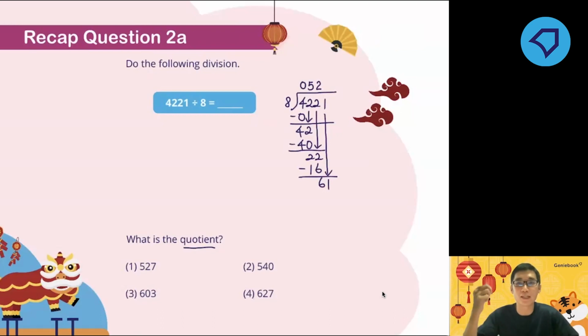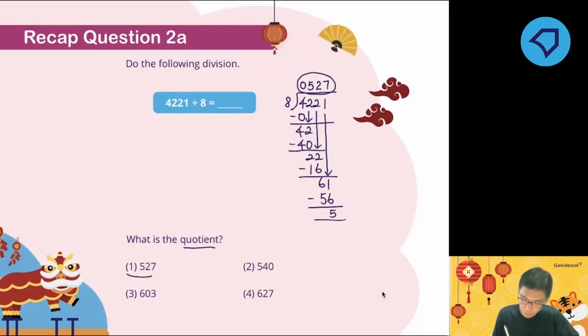Go through your multiplication table of 8. 8 multiplied by 7 would give us 56. Then subtract, and there we have it. I have no more digits to bring down, so we can stop there. The quotient, which is this number over here, is 527. So the answer to recap question 2A is number 1.